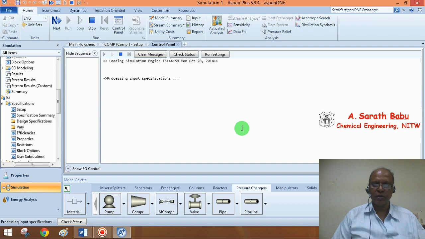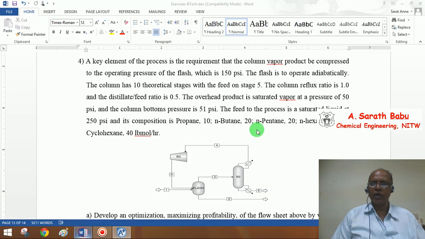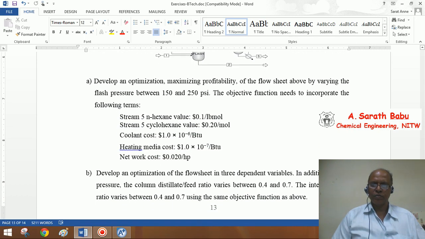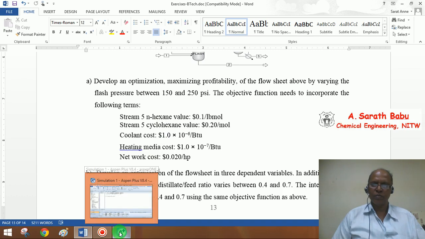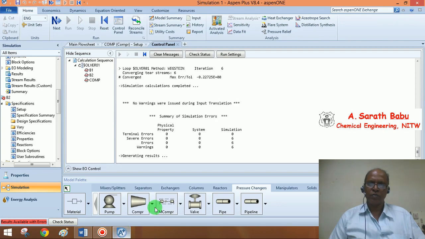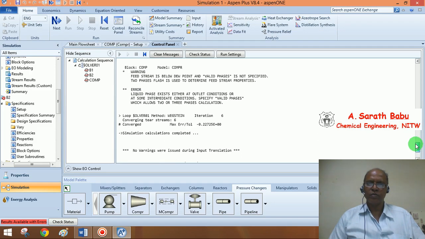Now we have not yet gone for optimization. Let us first look at whether the problem has been satisfied. Now you can see that's okay.